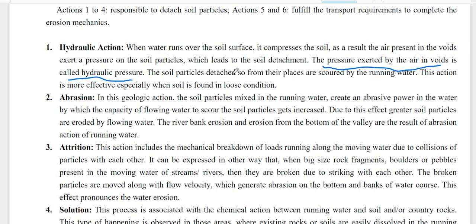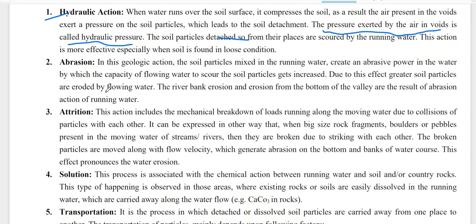But hydraulic action is only up to detachment. Now, escorting will happen; that will be in the transportation part. This action is more effective, especially when the soil is found in loose condition. Yeah, if soil is in loose condition, it will be much more effective.